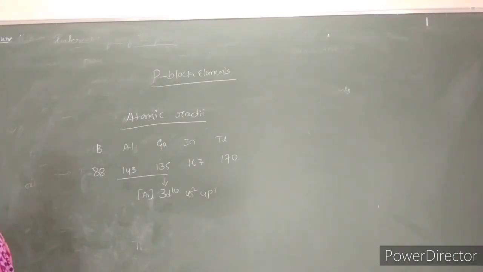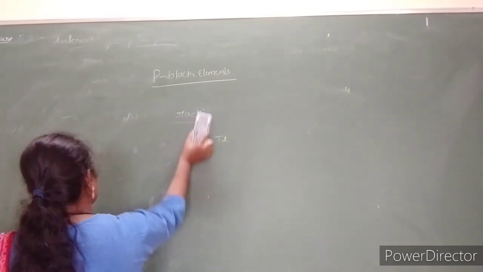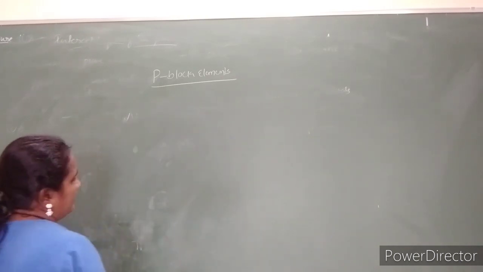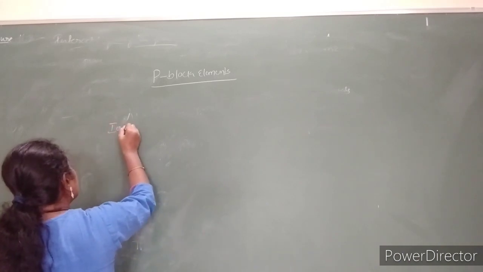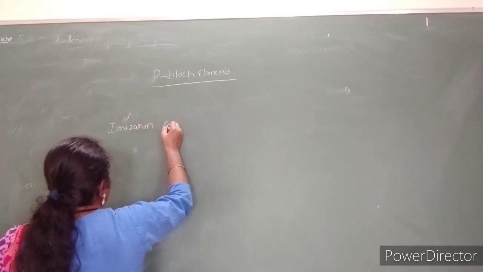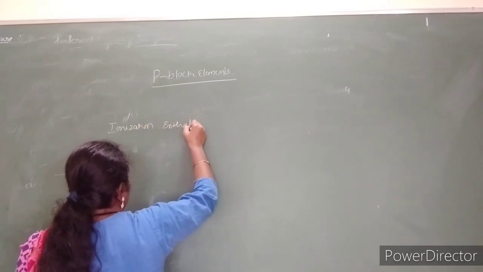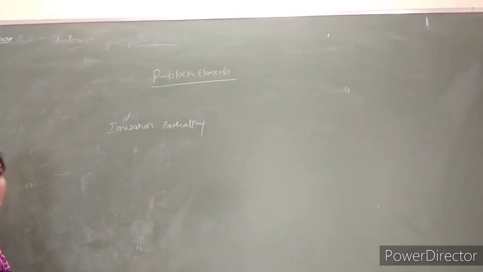The next property is ionization enthalpy. This property also shows differences, again due to the difference in their electronic configuration.